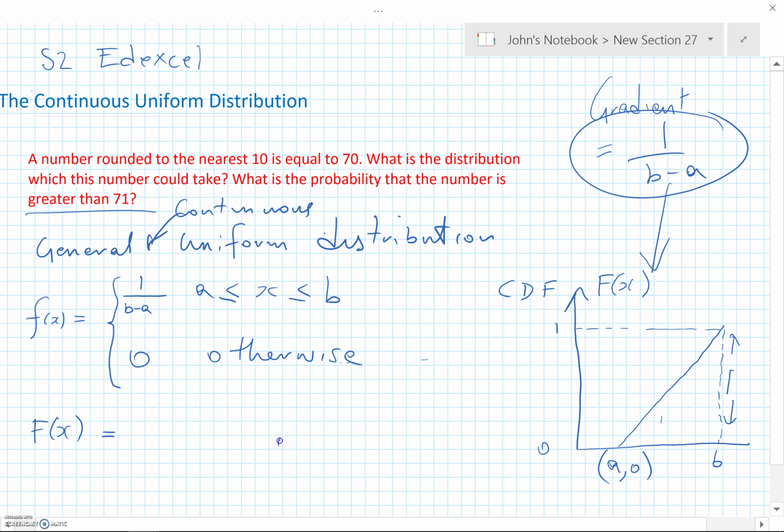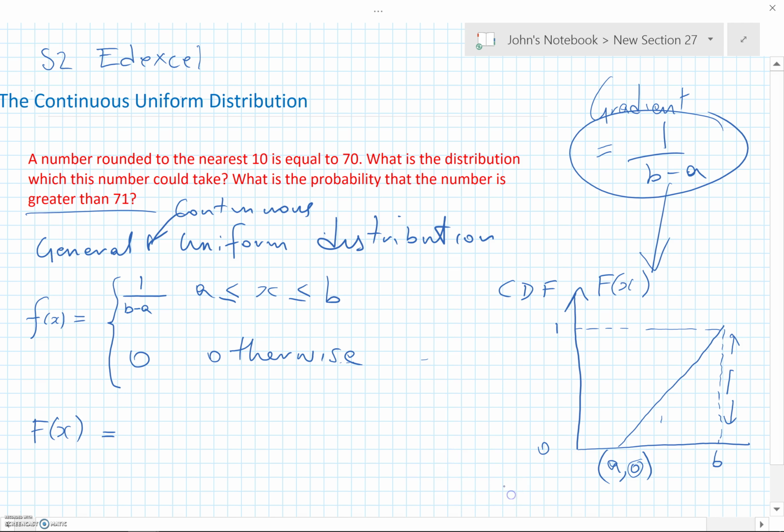Let's talk in terms of y. So y minus 0 is equal to m, which is 1 over b minus a, times (x minus a). So that gives us y equals 1 over b minus a times (x minus a), or let's write it all as one single fraction, (x minus a) over (b minus a). So that gives us our CDF.